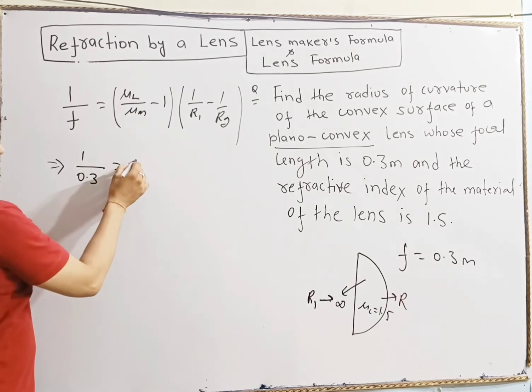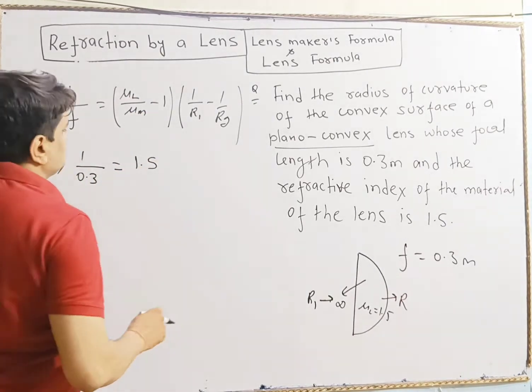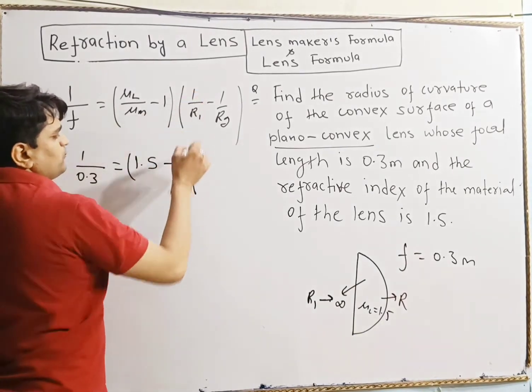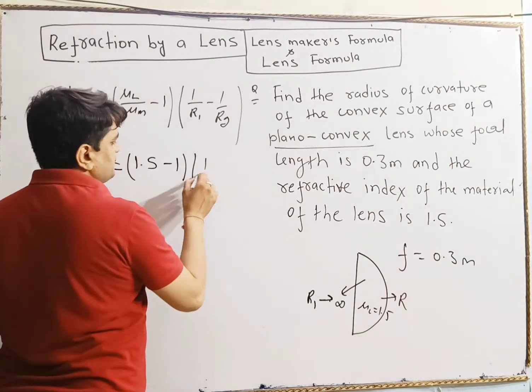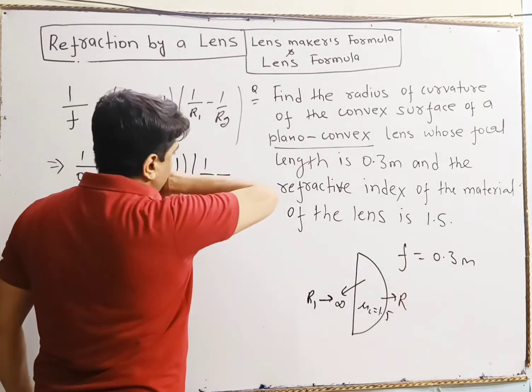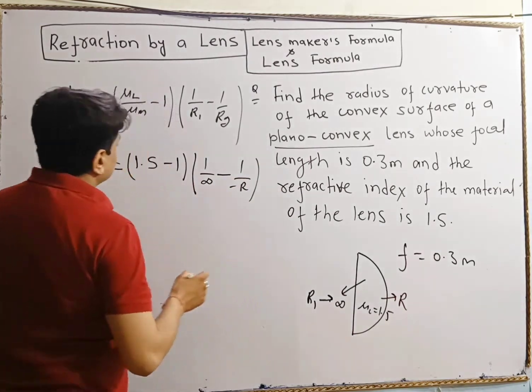And mu L is 1.5. Because the medium is not mentioned, by default we take it as air. And 1 upon R1 is 1 upon R, and 1 upon R2 is 1 upon infinity.